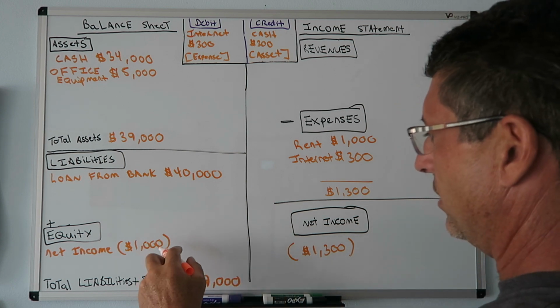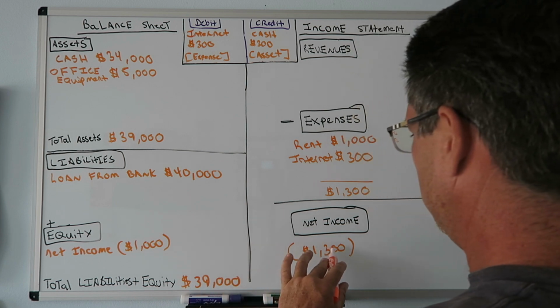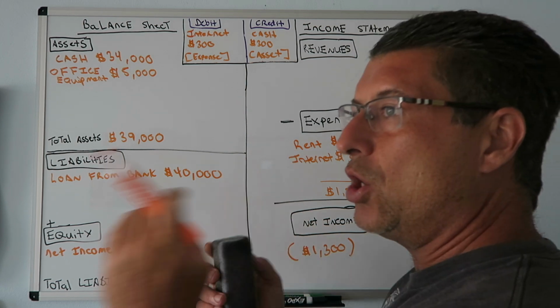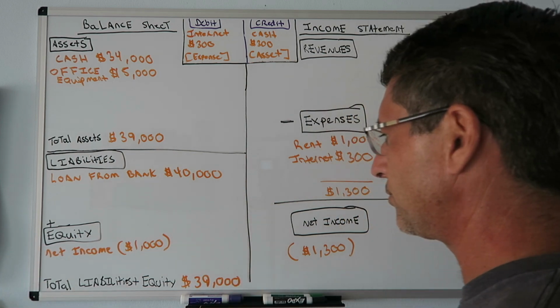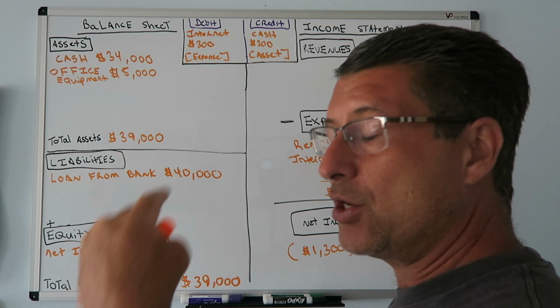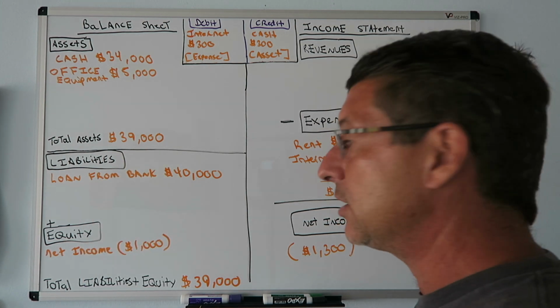And that's gonna make our net income here. Our net income is on the income statement. It is also on the balance sheet. So that's why the balance sheet's the big dog, and you can see what's happening in the business by just looking at the balance sheet, because it incorporates the income statement.